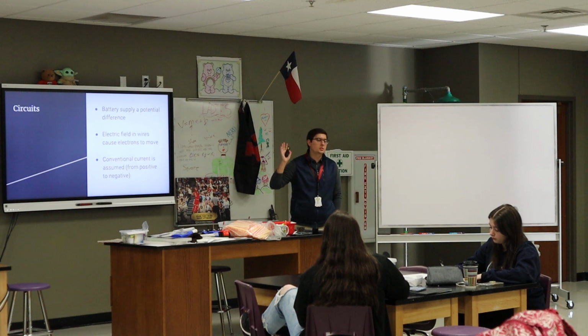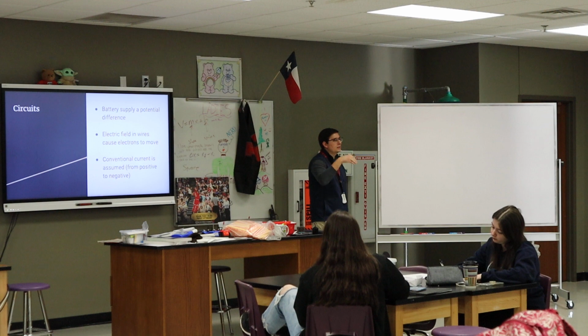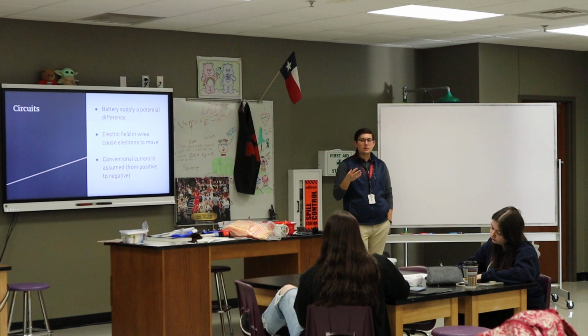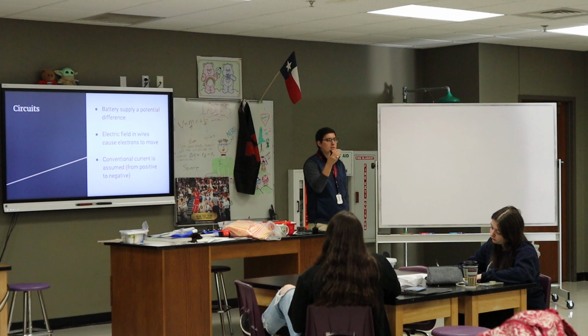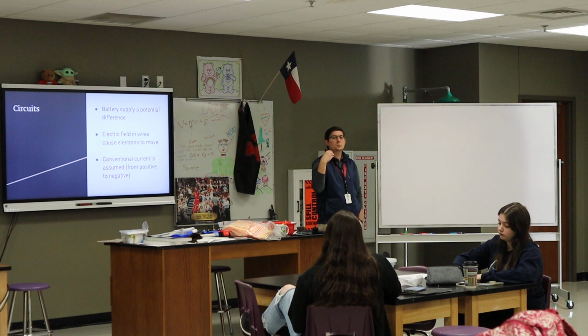Getting into it, here's the idea with circuits as far as we're concerned in this class. A circuit for us is going to consist of some sort of voltage that's supplied. Remember, voltage is potential, so we're essentially providing an energy difference that will cause charges to move.